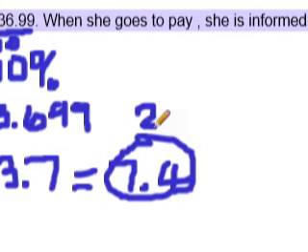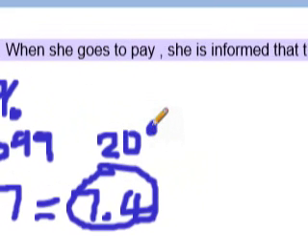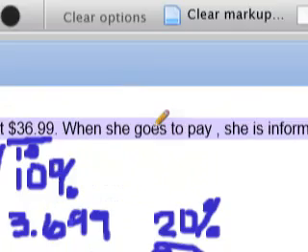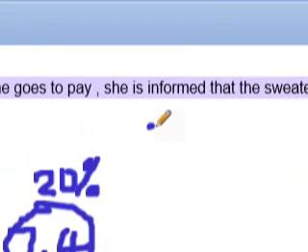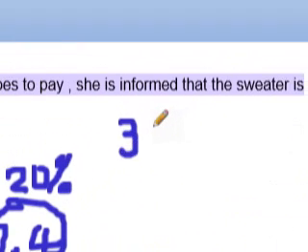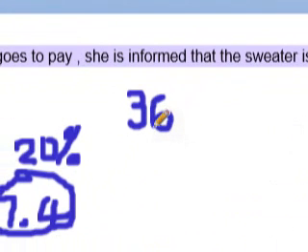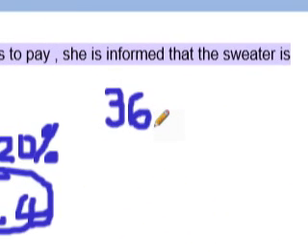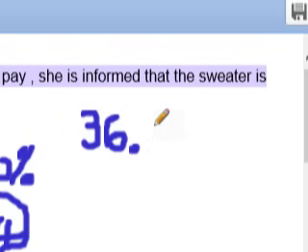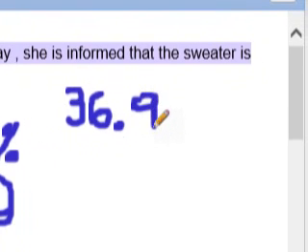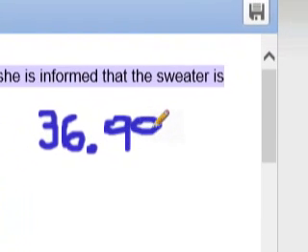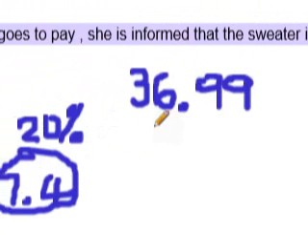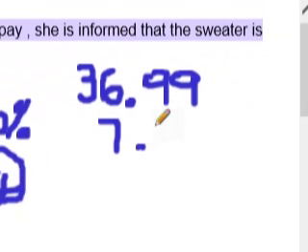To get the value after the discount, we have to subtract, because the cost was $36.99. I'm going to subtract the discount, the 20%, which is 7.4.